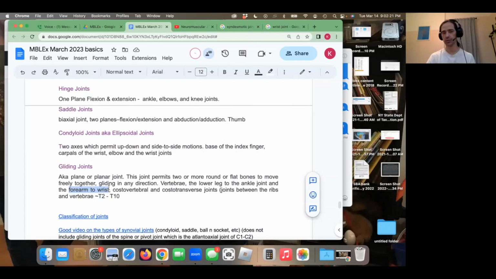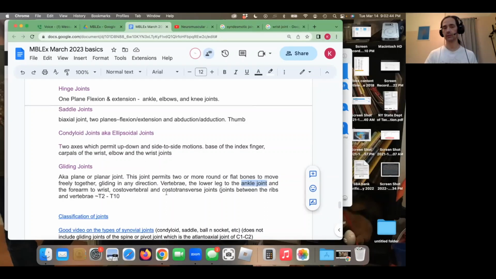So the joint we just looked at, which is ellipsoid, is considered to have gliding movement properties. And the ankle joint, which we looked at earlier and said was a hinge joint, is also considered to be a gliding joint. So joints can be more than one type.